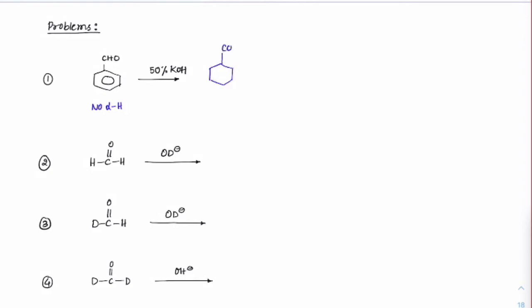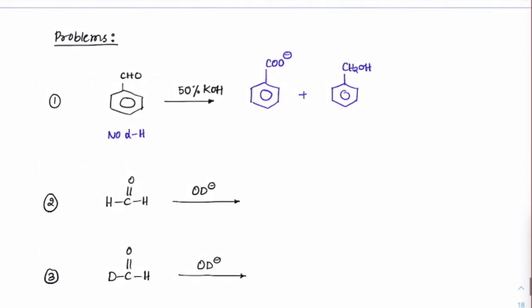One is COO minus, benzoate, and the other one would be CH2OH, benzyl alcohol. Okay, so it has undergone disproportionation.